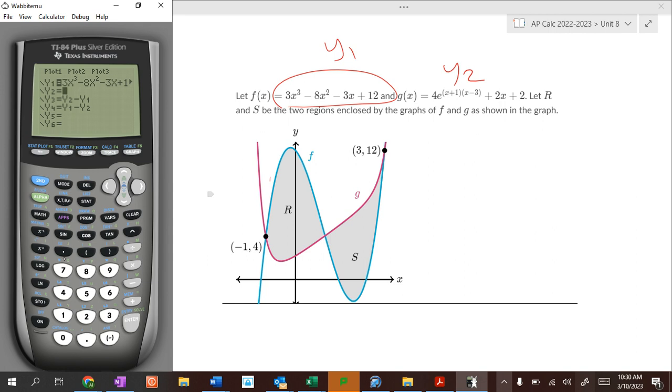And then 4e to the x plus 1 times x plus 3, x minus 3. Ooh, good call. x minus 3 plus 2x plus 2, graph.